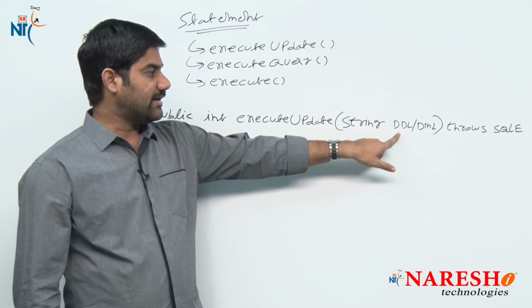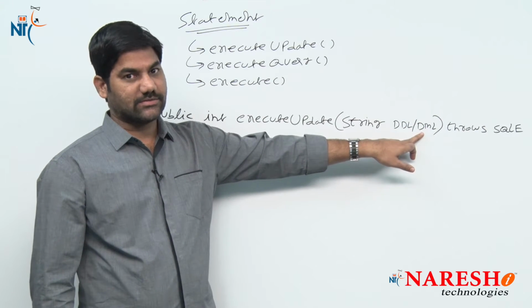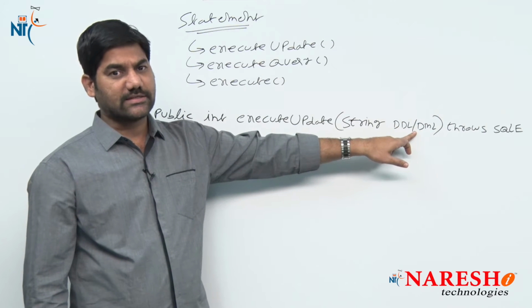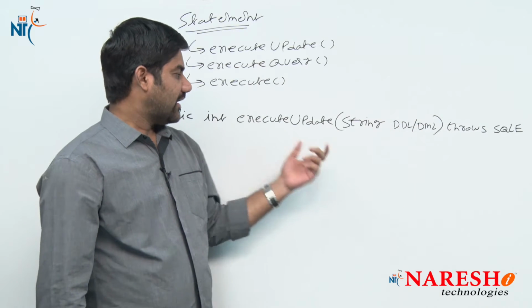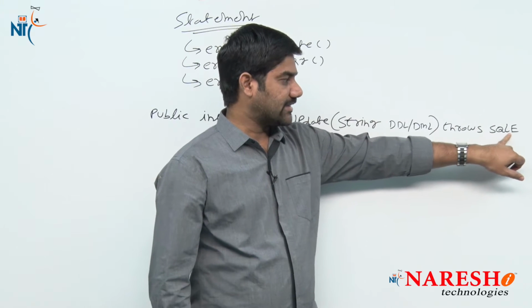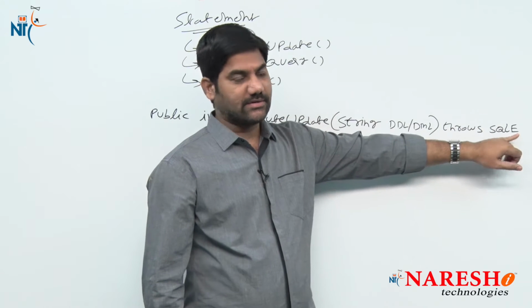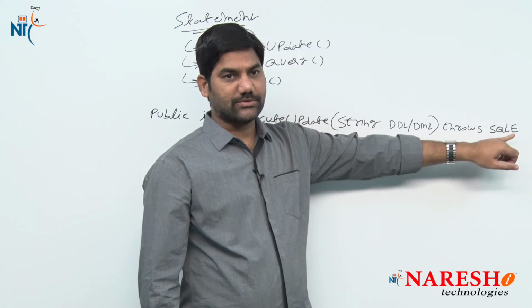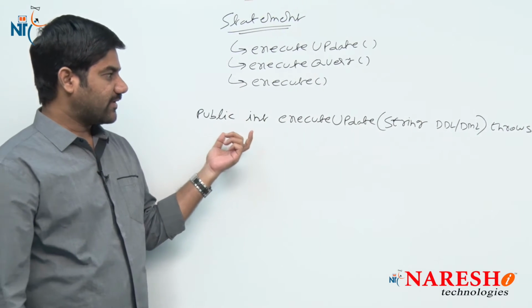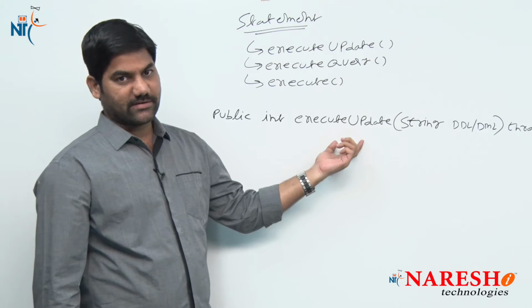DDL commands or DML commands, also called non-selecting queries, anything other than the select command. Whenever you call this method, it always throws an exception, SQLException. It is a checked exception, so it is compulsory to handle or catch it. This is the prototype of the executeUpdate method.